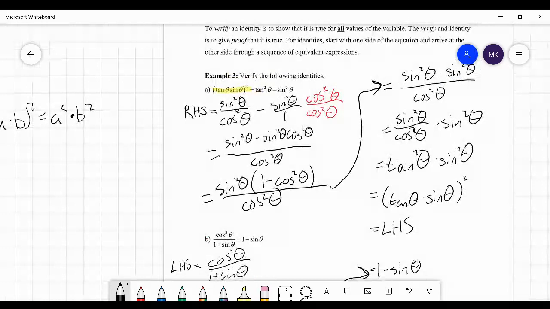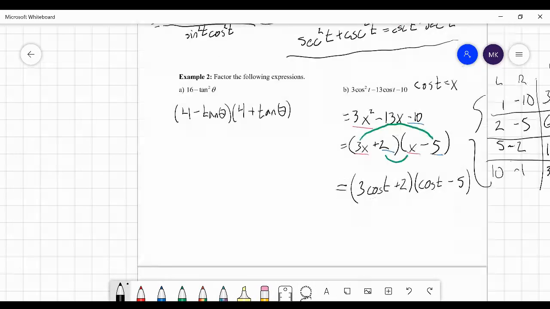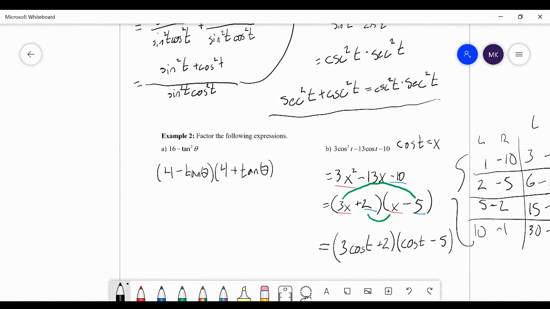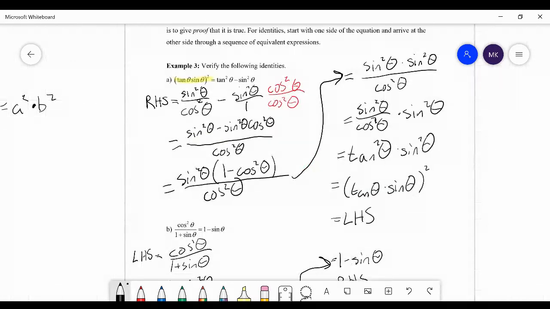In this first one, we combined fractions, we created fractions and added them together, using the Pythagorean identity. Factoring is a huge piece. That's why we did this example up here with factoring, because you are going to have to factor. And if you're terrified about that, better get over it, okay? Plus, right now when I'm doing this video it is October, so that's spooky season, so it's okay if you're a little terrified of things.